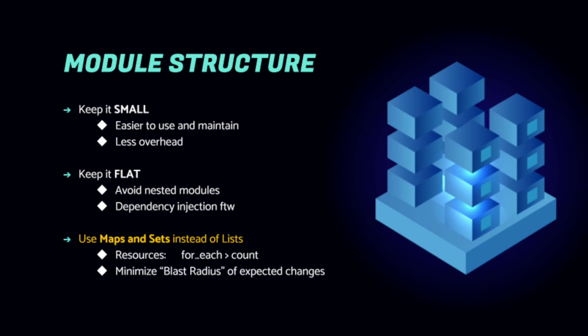Last but not least for module structure, wherever possible when you need more than one of something, use maps and sets instead of lists. In regard to resources, this means using the for_each meta argument instead of count. The reason being, if a collection of resource state refs are index-based, then adding or removing low index elements creates an unnecessary diff on higher index elements.